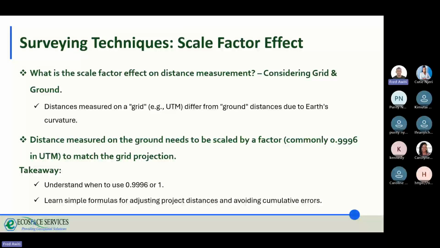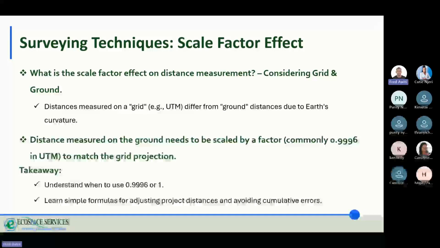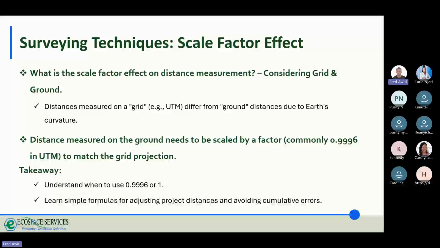Somebody might say that this is very small, and if I round it off, of course, it is 1. So the difference is 0.0004. That might be very small for somebody when you visually look at it, but when it comes to computations, especially when you're doing engineering survey works, this is very key.